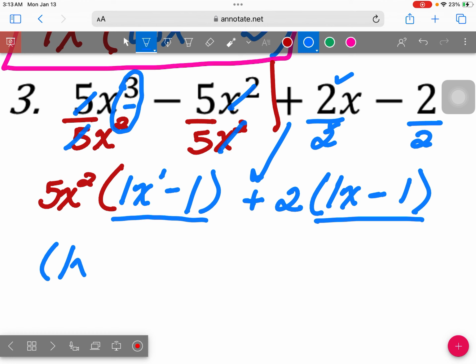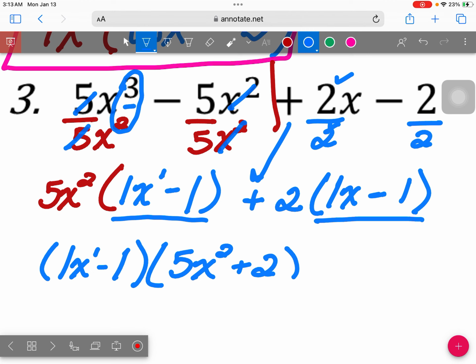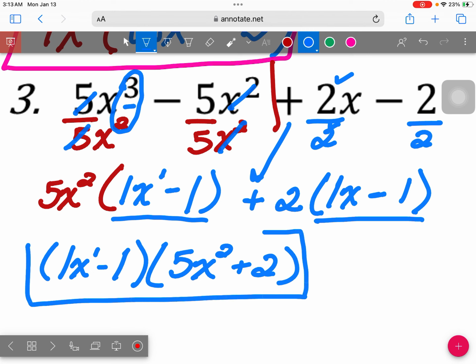So I'm going to put 1x to the first minus 1, or you can just even leave it as x minus 1 out in the front, times quantity 5x squared plus 2. And that is your final answer.